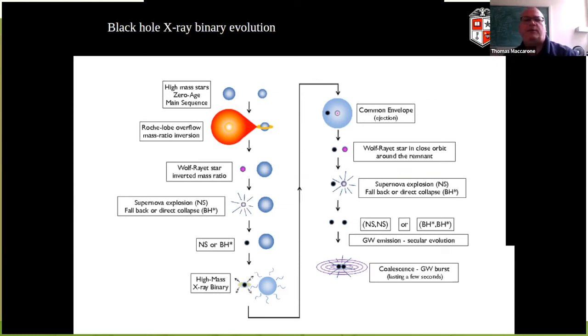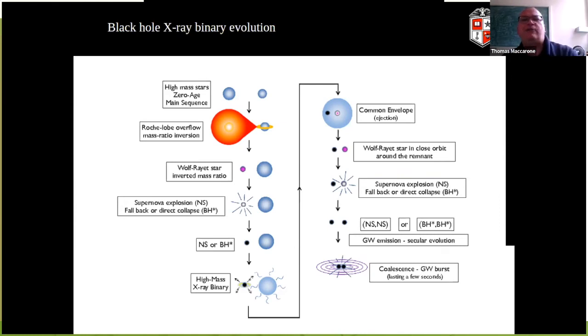The biggest problem for keeping these binaries bound is that if you lose a whole bunch of mass all at once, like more than half of the mass in the binary, it should become unbound.